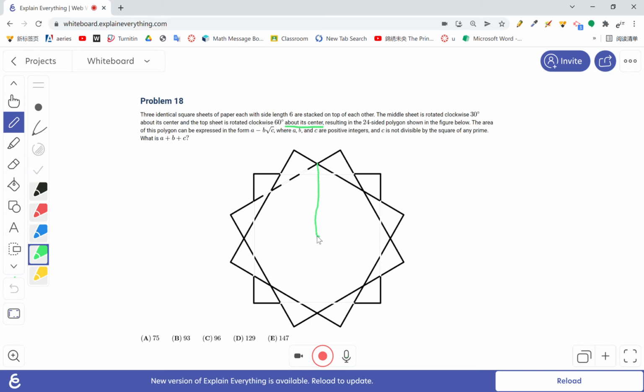So we will draw lengths from the vertices of this polygon. And then we can notice some really interesting things, and that's going to be a great help to solve this problem rather than just bash it out.